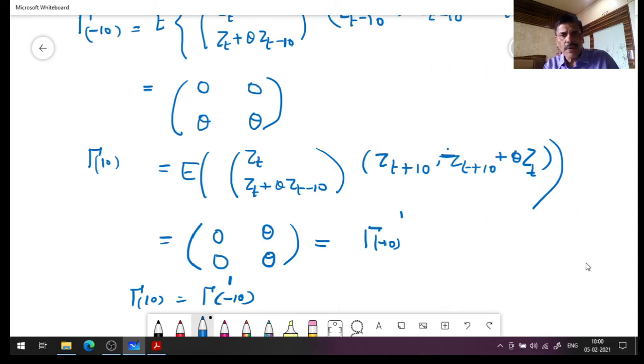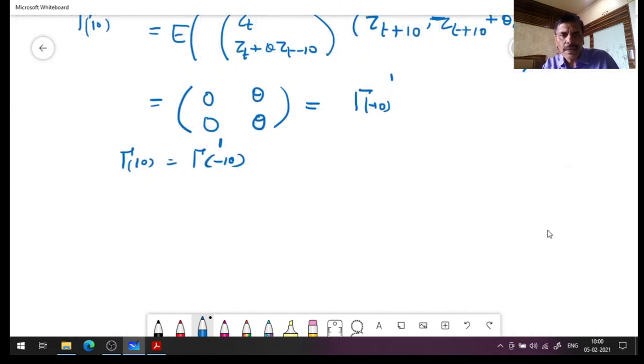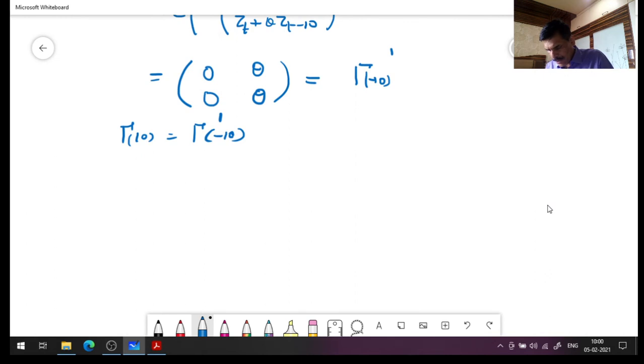This is a simple example, but in almost all cases it is going to be like this. Now I want you to compute R0 and R minus 10. I would like to compute R minus 10 in this case. So what is R minus 10?